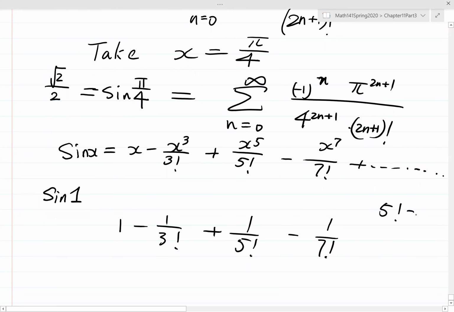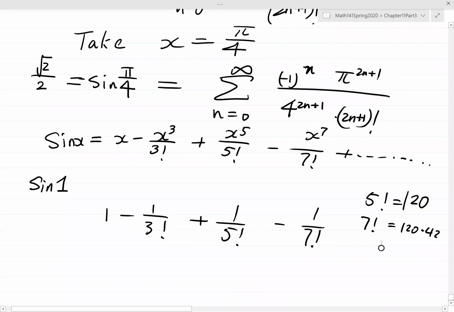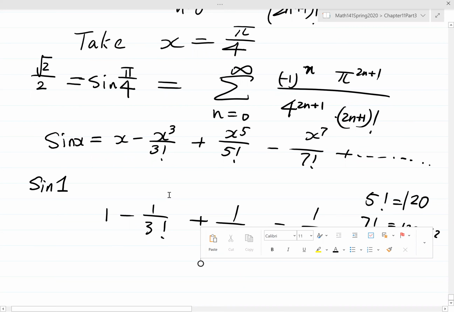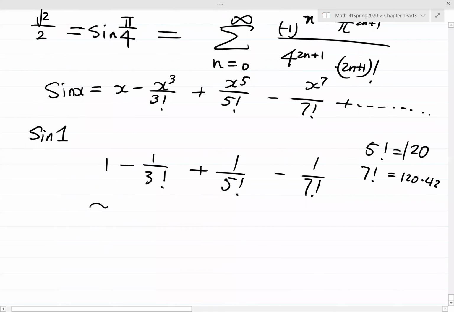What's 5 factorial? 5 factorial is 120. 7 factorial, you multiply that by 42. It's the last number, so you can forget it, forget 1 over 7 factorial. So if you take the first 3 terms, this is y minus 1 over 6 plus 1 over 120.